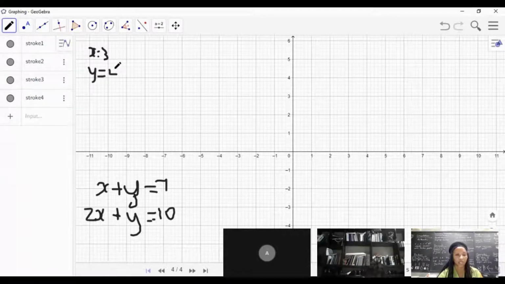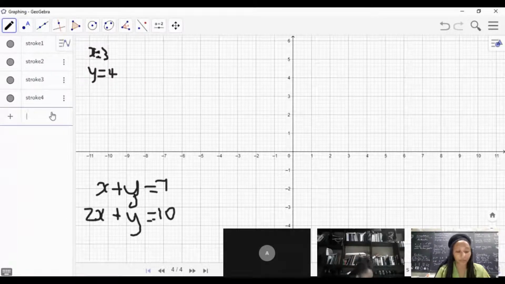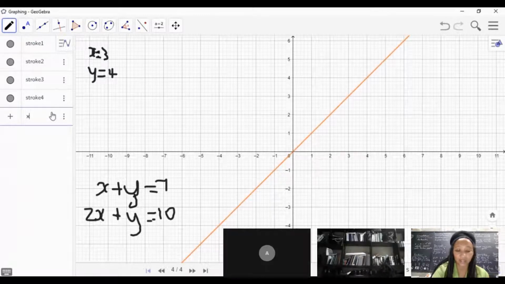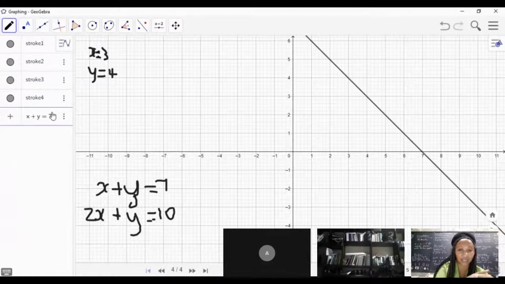John, anything else? Miss, I'm going still. All right, so let's plot them. So the equation was what? X plus y equals 7.